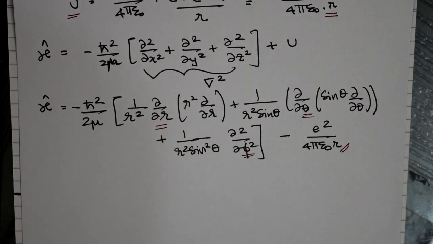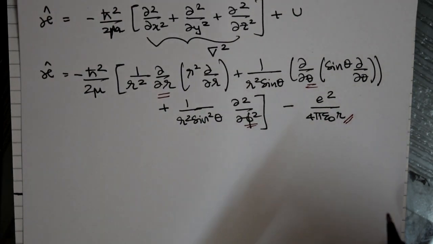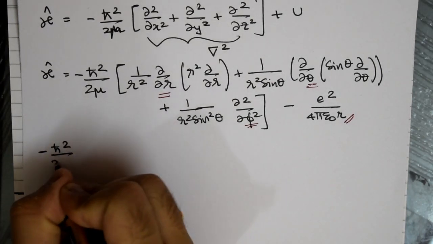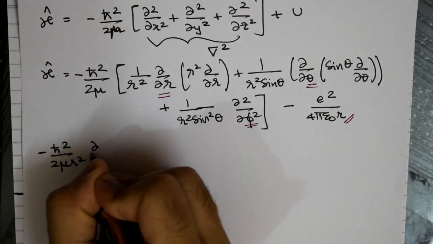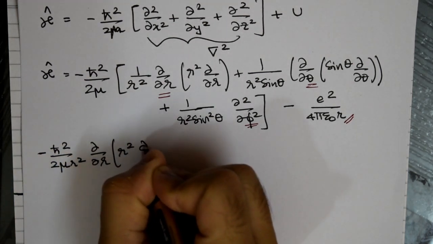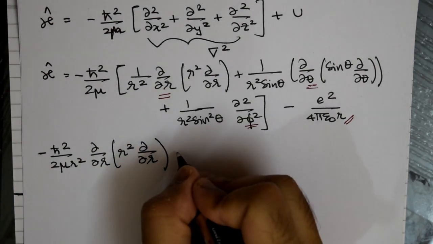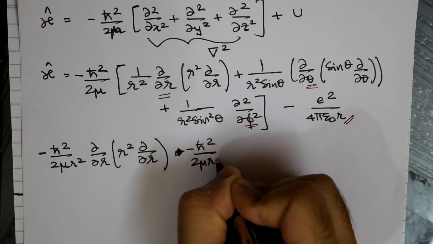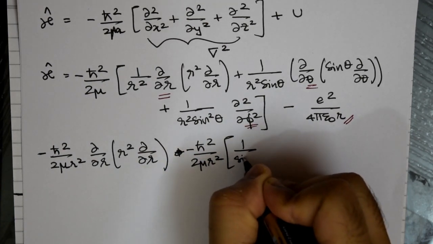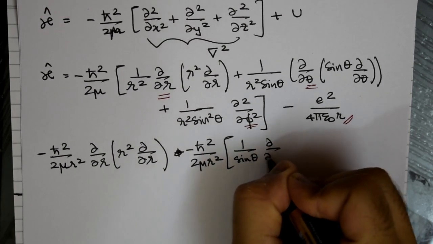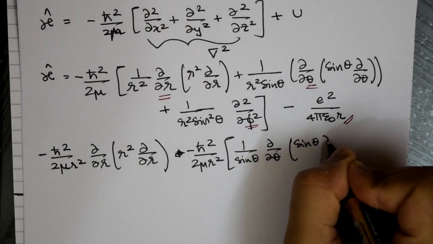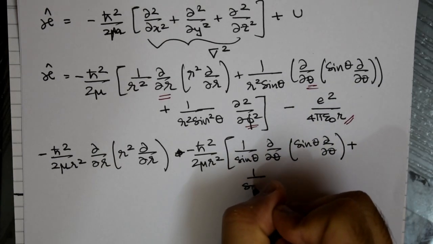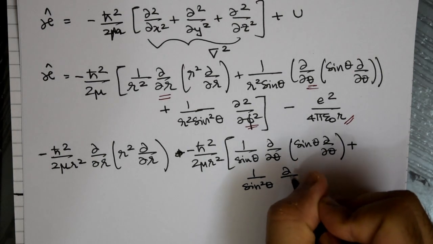Okay, now let's go into the Schrodinger's equation. When we apply H psi equal to E psi, I'll quickly write the reduced form itself: minus h cross square by 2 mu r square, dou by dou r of r square dou by dou r, plus minus h cross square by 2 mu r square, 1 over sine theta dou by dou theta of sine theta dou by dou theta plus 1 over sine square theta dou square by dou phi square.